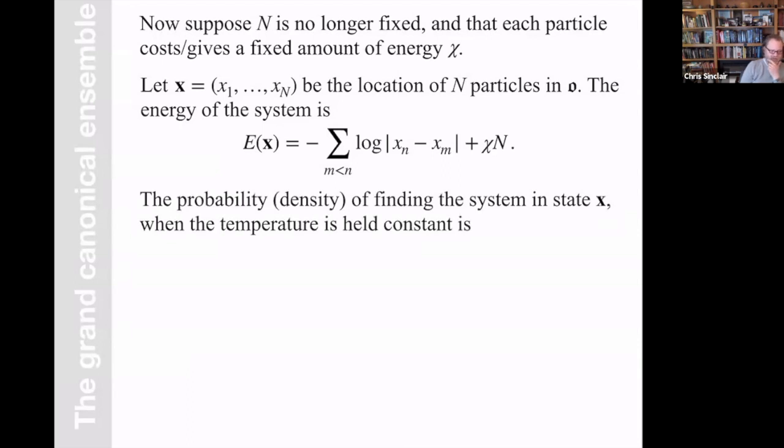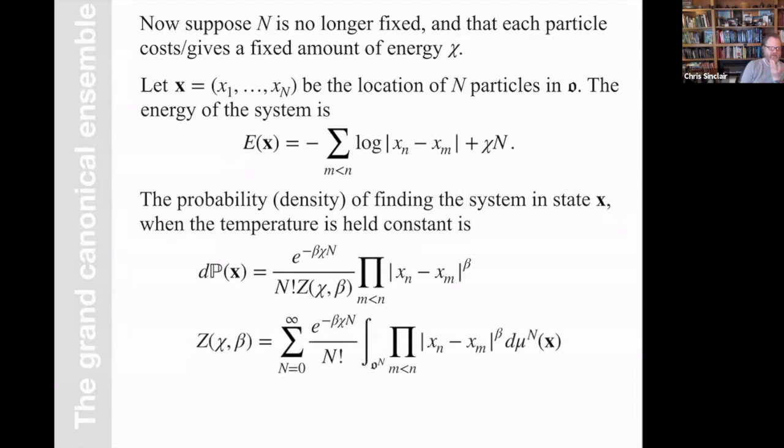The probability density of finding the system in state X when the temperature is held constant is given as follows. I do have to throw that in factorial in the denominator now because all particles are indistinguishable, so that becomes important. But now the partition function has to be, essentially, an integral over all possible states.